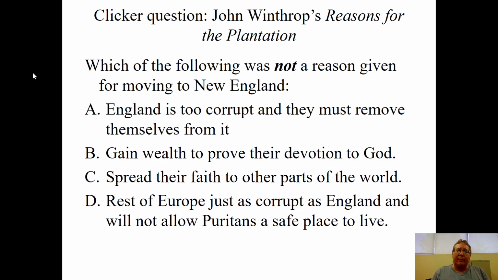And in this document, he gives a bunch of reasons why these Puritans need to leave England, why they shouldn't just stay in England and try to deal with the king and try to make him happy and try to fix the Church of England. He's going to tell his followers in his community, we have to leave. England's not safe anymore. And essentially, he says, look, England is too corrupt. The people like King Charles I are dangerous and may turn on us.